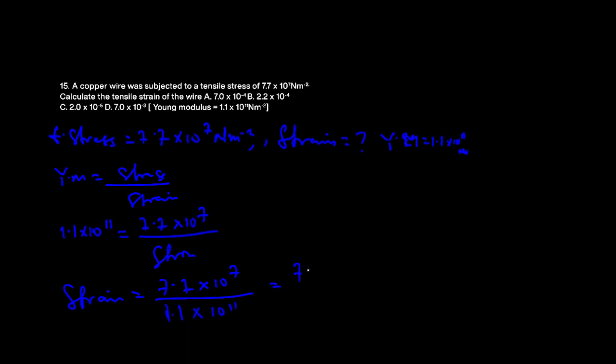Sorry, too fast there. So 7.7 divided by 1.1, then multiply by 10 to the power of 7 minus 11. Okay, so what would that give us, guys? 7.7 divided by 1.1 should give us 7. So this should give us 7 times 10 raised to the power minus 4.